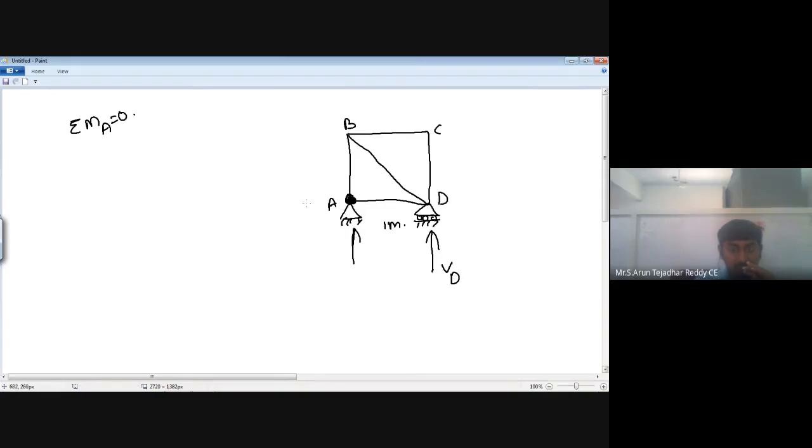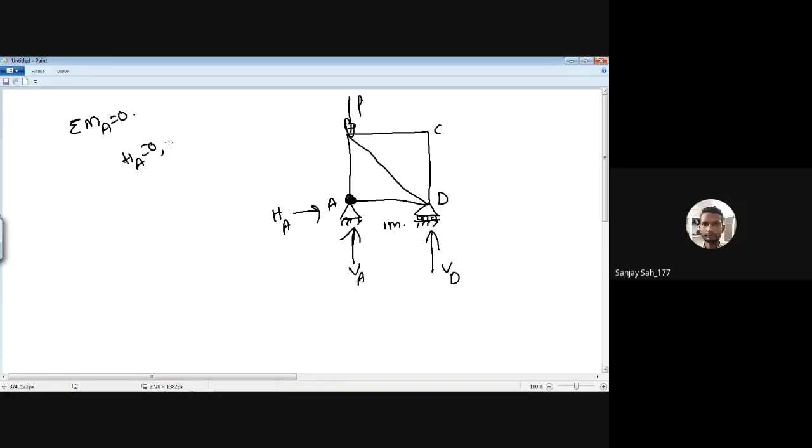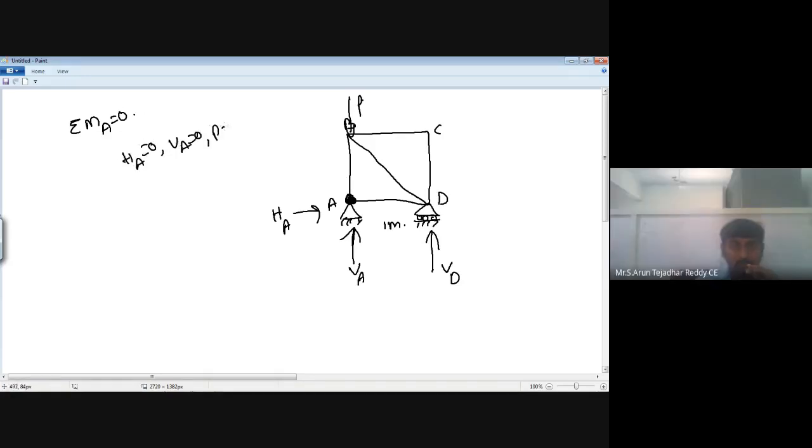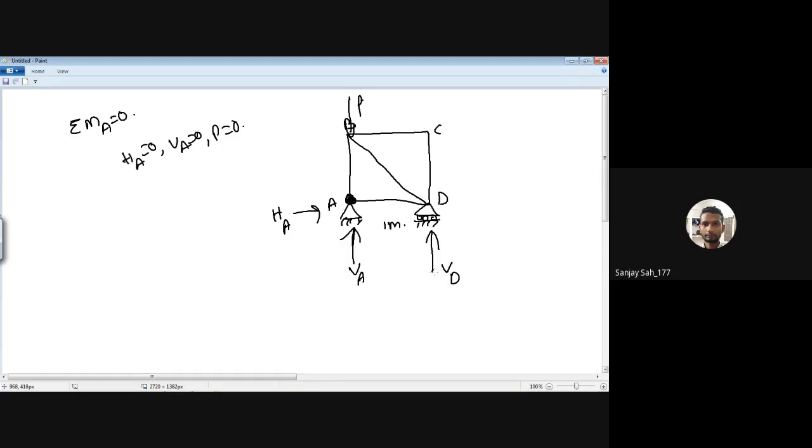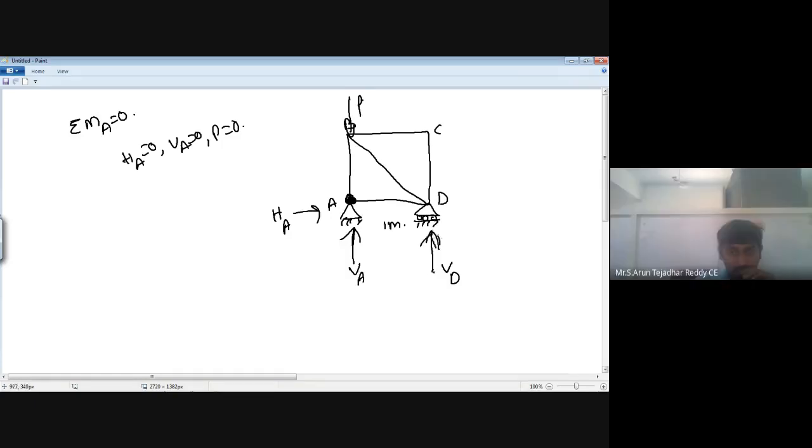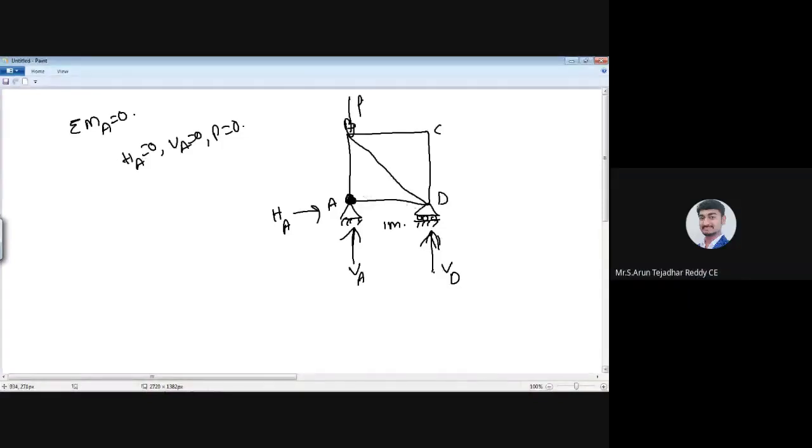Here one vertical force is acting, a horizontal force is acting, and the load also is acting. It means VA, HA, and P. These all are 0 only, except VD.